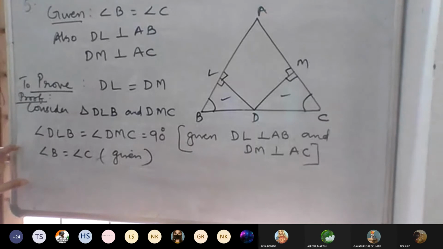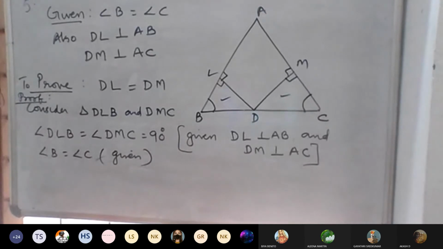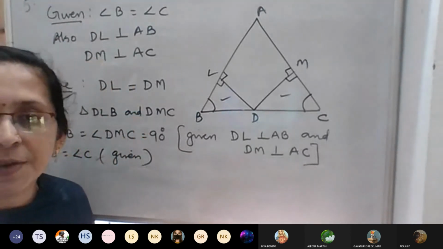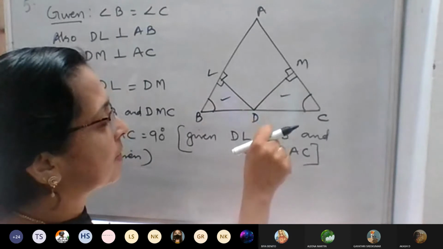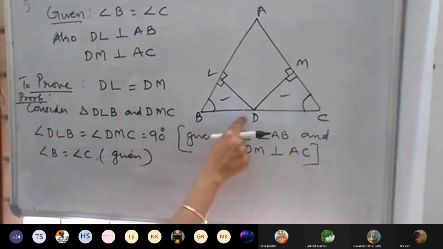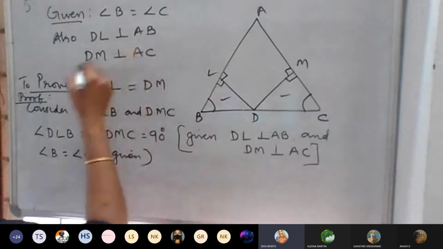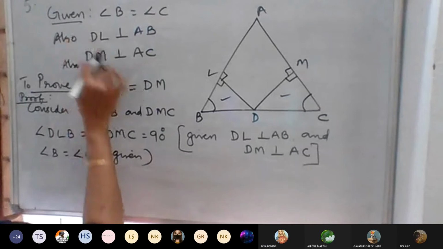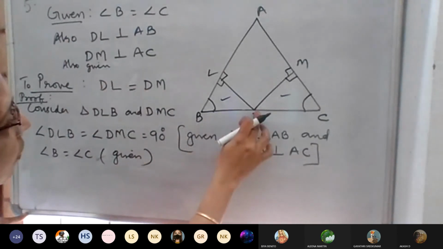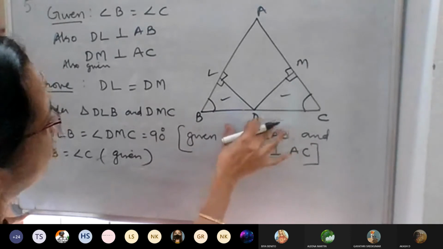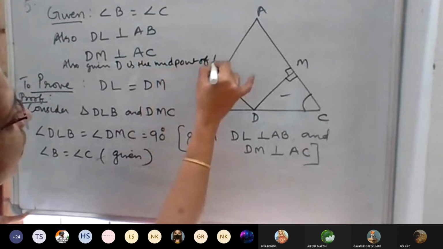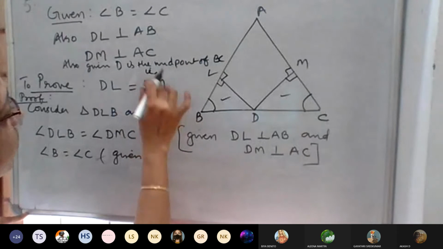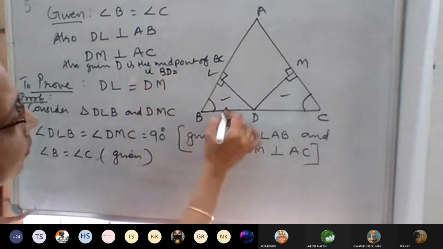One more point is given there. Perpendiculars are drawn from the midpoint of BC, that is D. Also given D is the midpoint of BC, that means BD is equal to DC.